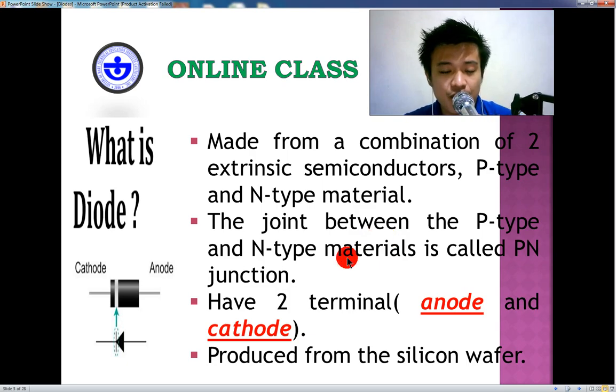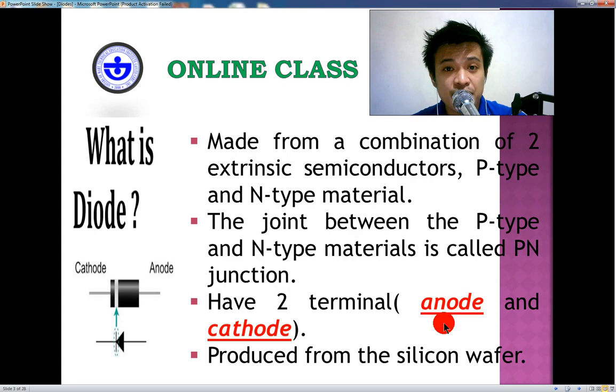Okay, so basically a diode has two terminals. Yes, it has two terminals. One is the anode and the other one is the cathode. So the anode is a terminal, a side of a diode, that is considered positive, that is the p type or the p region.